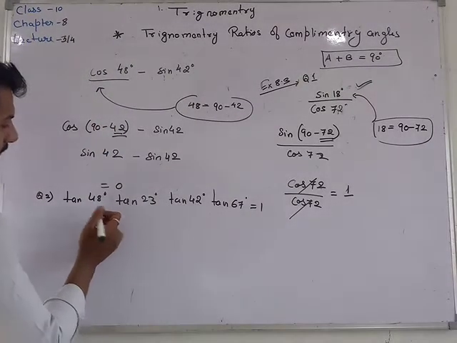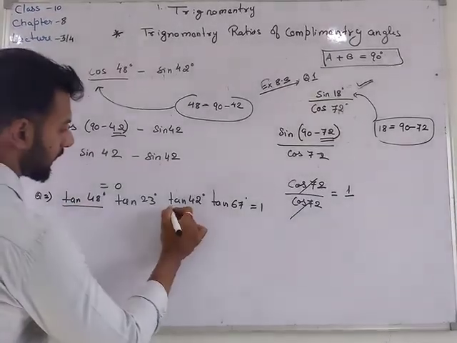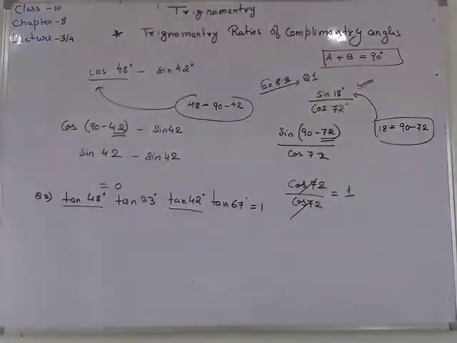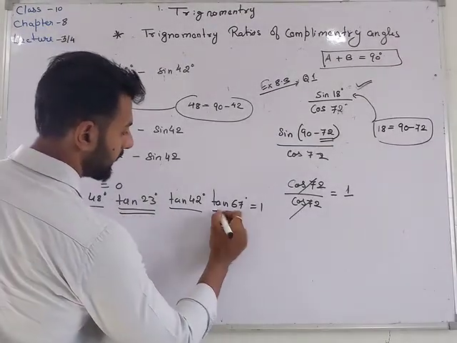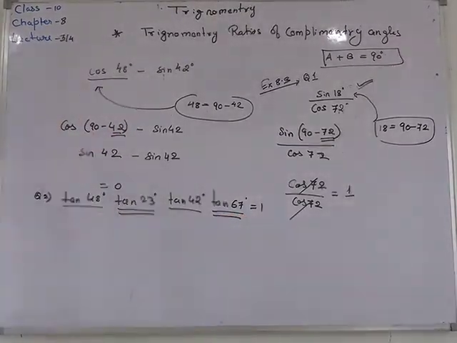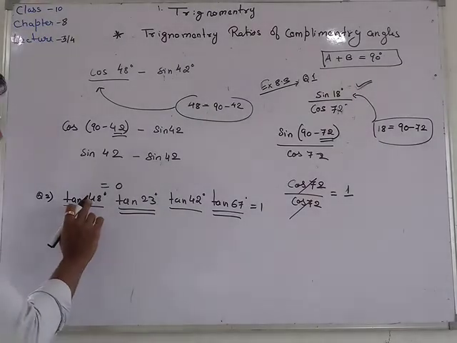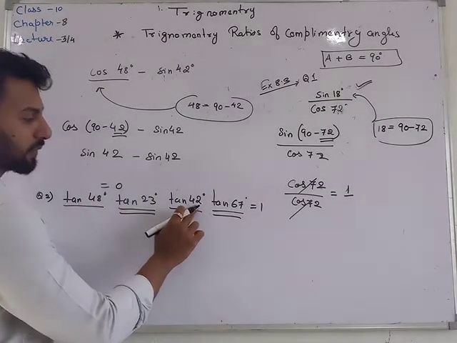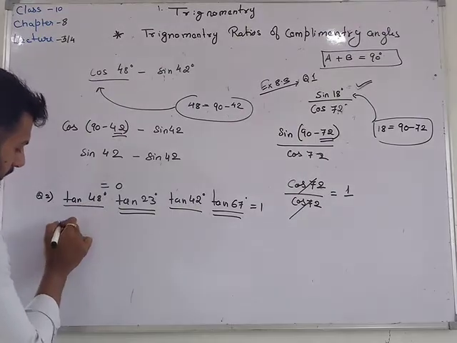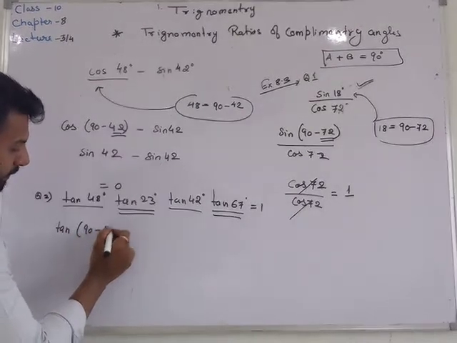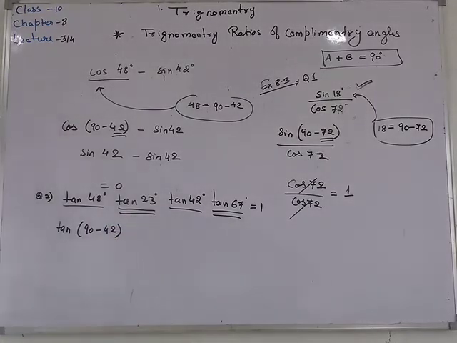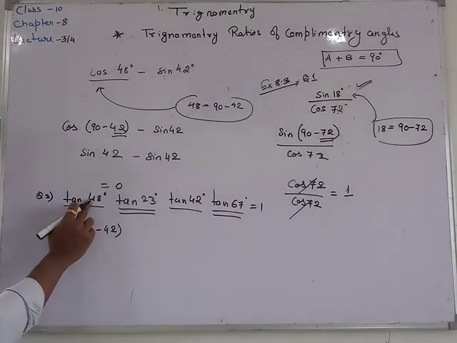Now we can see that 48 and 42 make one pair, and 23 and 67 make another pair. 48 can be written in terms of 42 as tan 90 minus 42, since 90 minus 42 is 48.